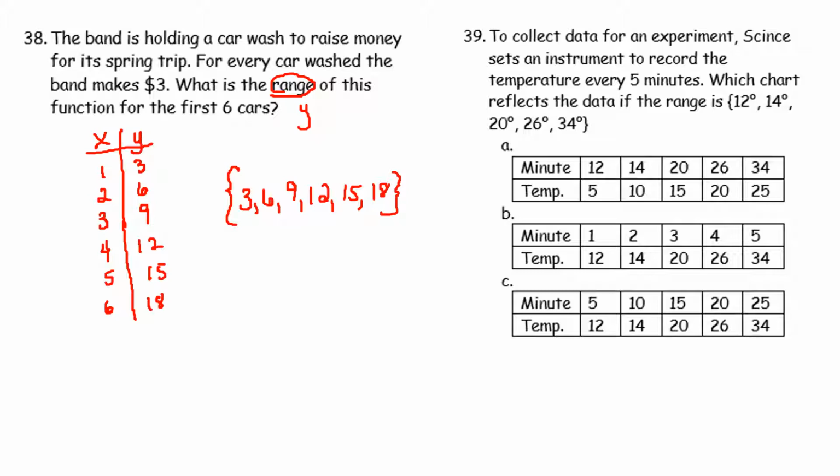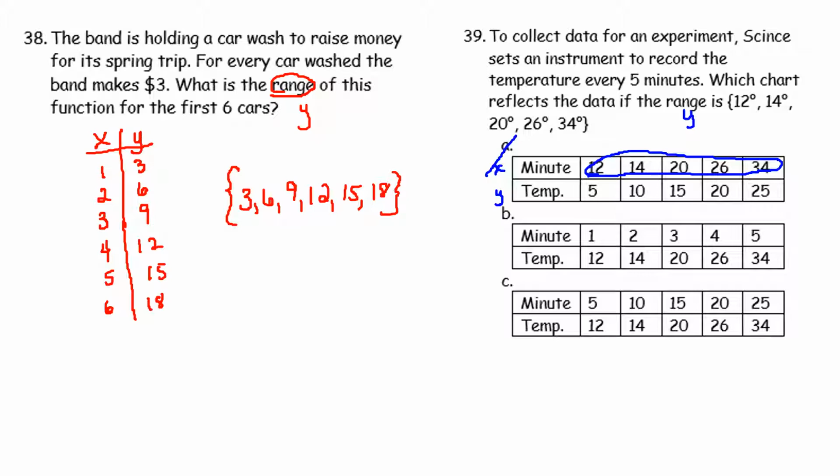Now, number 39. To collect data for an experiment, Sense sets an instrument to record temperature every 5 minutes. Which chart reflects the data if the range, so remember range is the y value, is 12, 14, 20, 26, and 34. So here's your x and your y, minutes are the x's, and temperature would be your y's. Now let's look here, and the x values are the 12, 14, 20, and 26, and 34, but that's the x. We're looking for that to be the range, the y.